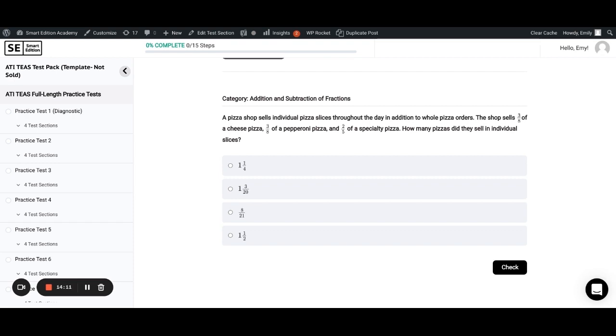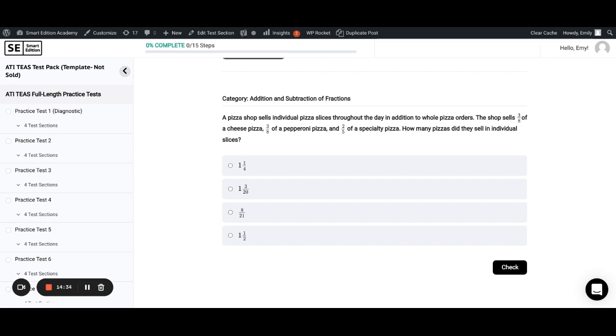Okay, question number 10. This is addition and subtraction of fractions. A pizza shop sells individual pizza slices throughout the day in addition to whole pizza orders. The shop sells 3/8 of a cheese pizza, 3/8 of a pepperoni pizza, and 2/5 of a specialty pizza.